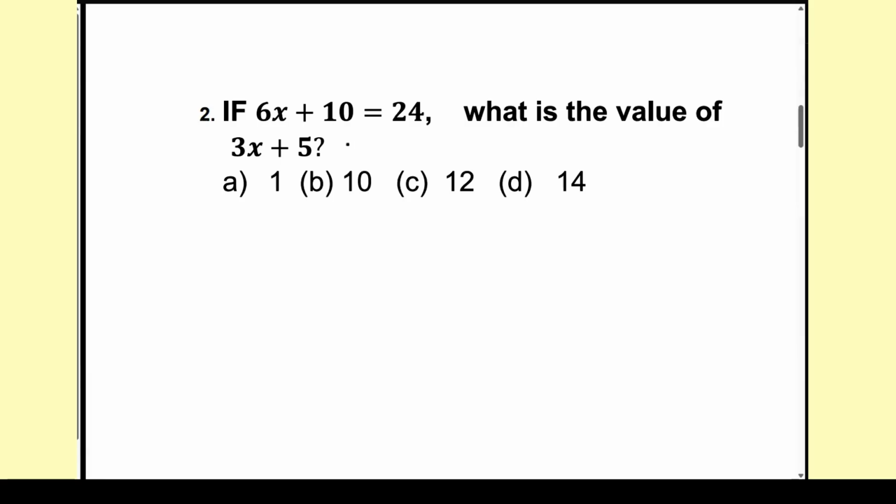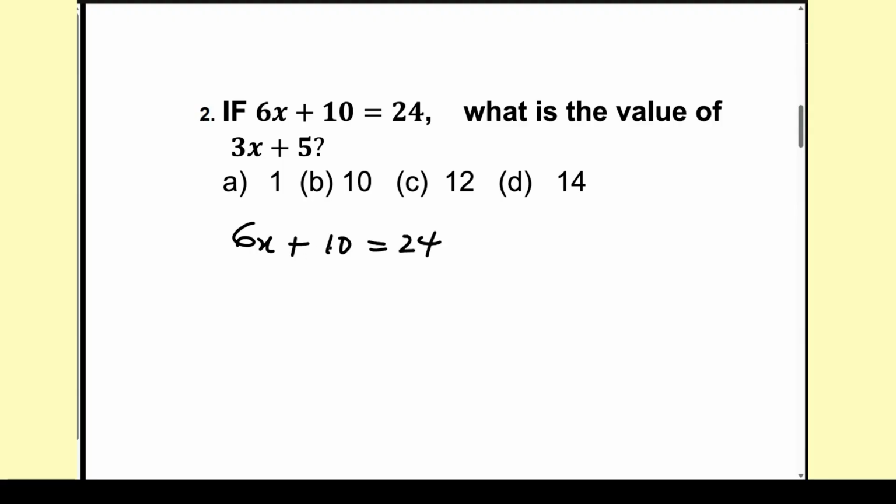You can just go about solving the question like that also. But for those that really want to learn how to solve the question without guessing, you have 6x plus 10 equal to 24.